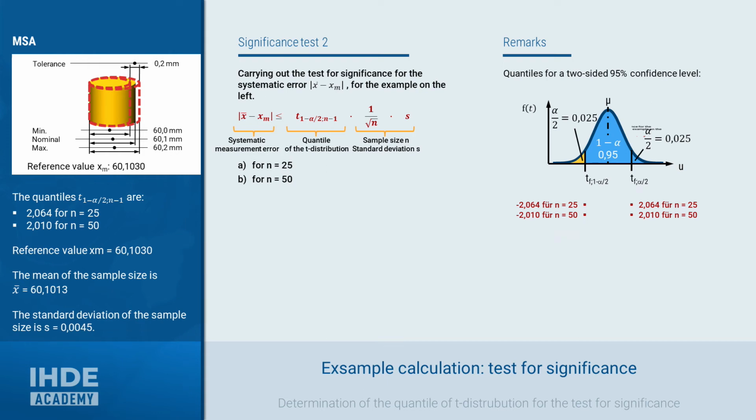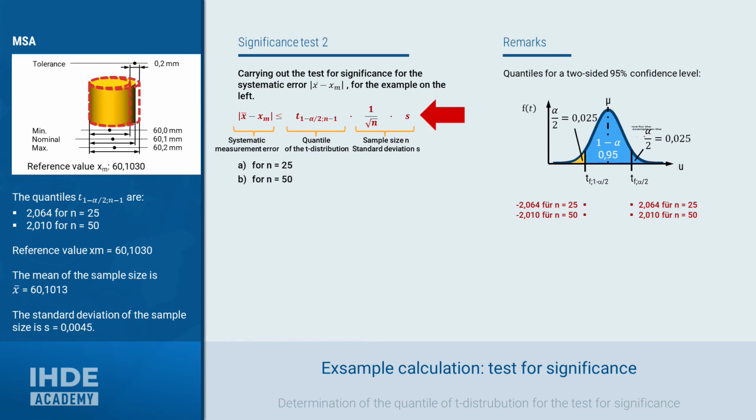The diameter of the same piston was measured 25 and 50 times with a measuring instrument for which we conduct the MSA. The mean diameter x bar for both samples is 60.1013 mm. The standard deviation S of the two samples is 0.0045 mm.